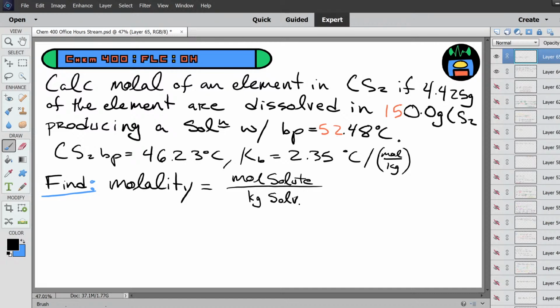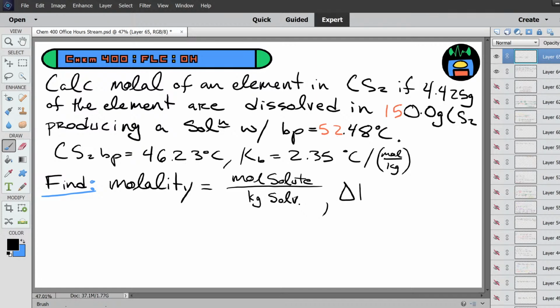But this doesn't seem like a likely way to solve this problem, because we want the molality of an unknown element. Even though we're told the mass of the element, we don't know its atomic mass, so we can't find its moles.